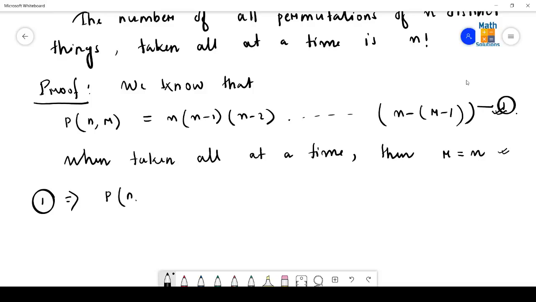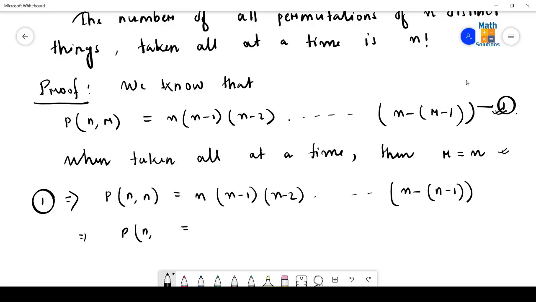P n comma n is equal to, what can we write here? n into n minus 1 into n minus 2, there is a continuation up to n minus, in place of r, what do I put here? n minus 1. Okay. So after this, what shall I get?